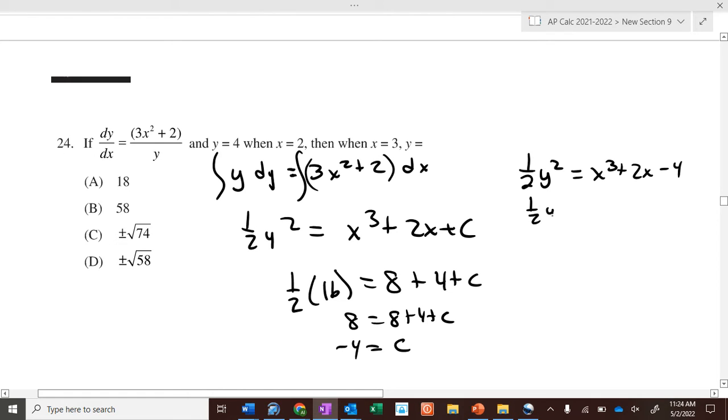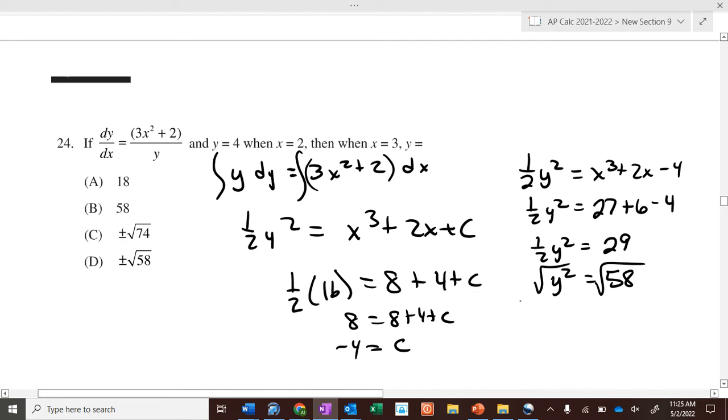So 1/2 y squared equals 27 plus 6 minus 4. So 1/2 y squared equals 29. How do I get y alone? Multiply by 2 and take the square root. Choice D.